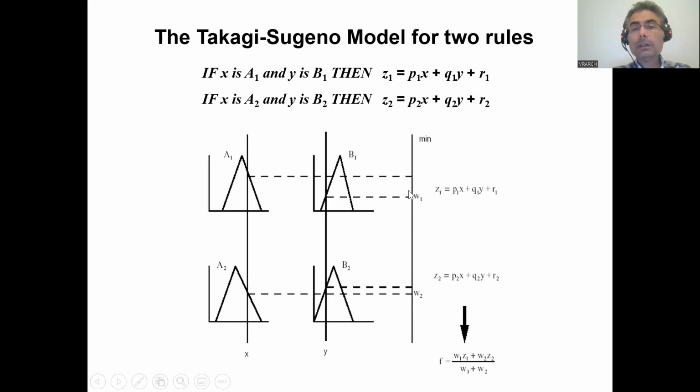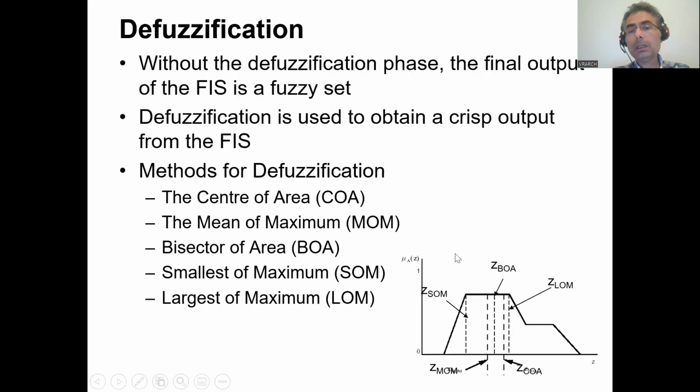Now you have fuzzified here, and then composed the system here, fuzzy composition. Now defuzzification. So without the defuzzification phase, the final output of the fuzzy system is still a fuzzy set.